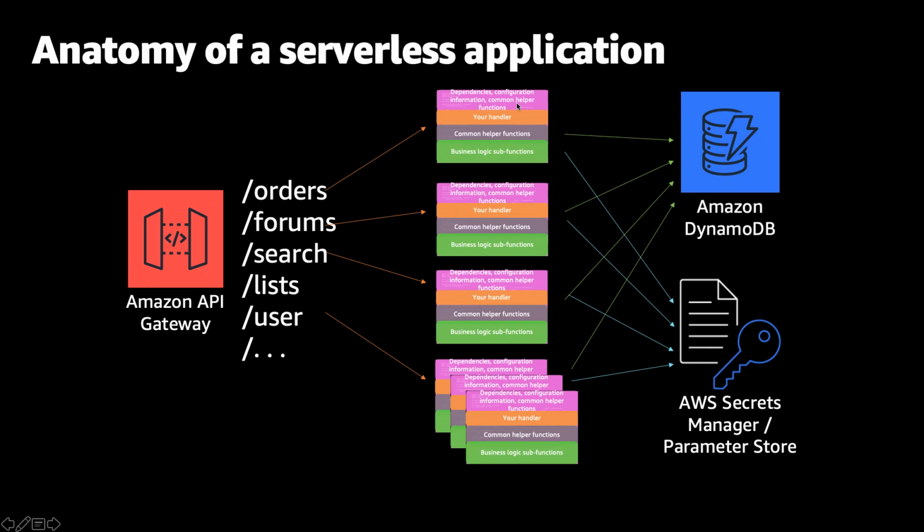Its own function with its own dependencies, with its own business logic, with its own database. If you want to do things right, ideally every microservice should have its own table or its own database, so you can build independent, scalable, fault-tolerant microservices.